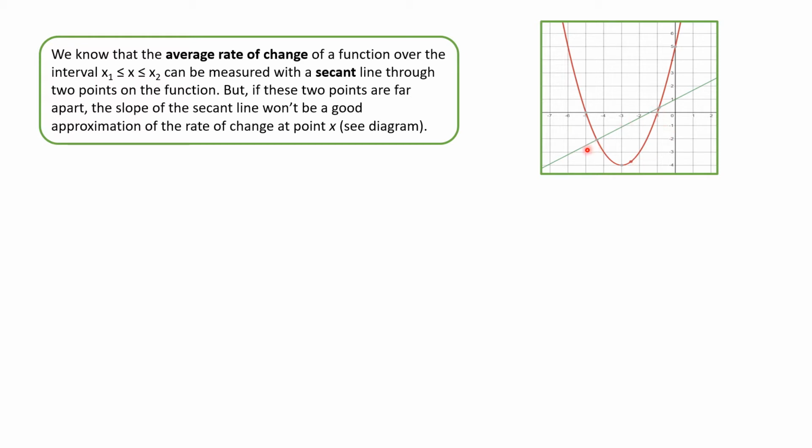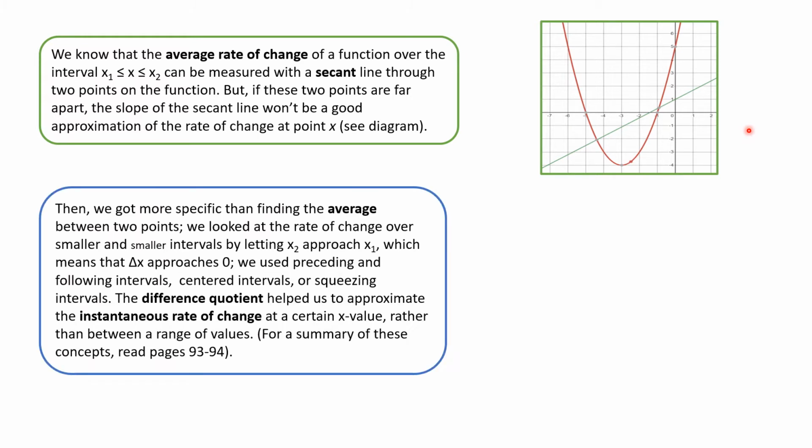So if we have points that are really far apart from the point in question, secant line is not the best way to go. So we get more specific by finding the average rate of change. We look at smaller and smaller intervals. We want to get closer and closer to basically this red dot here, which means that delta x, the change in x, approaches 0.